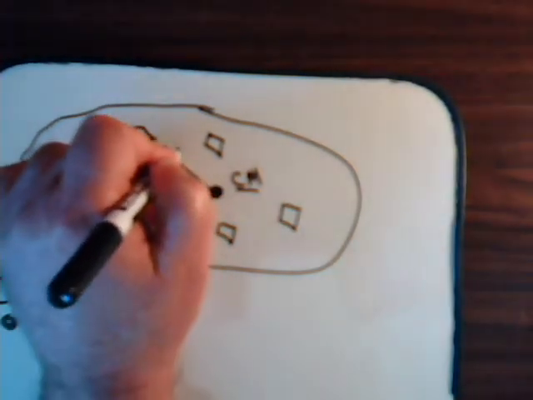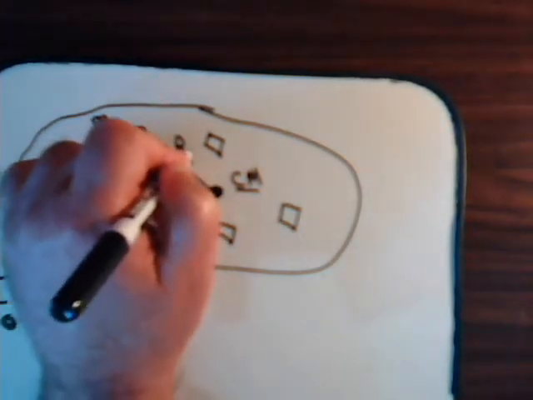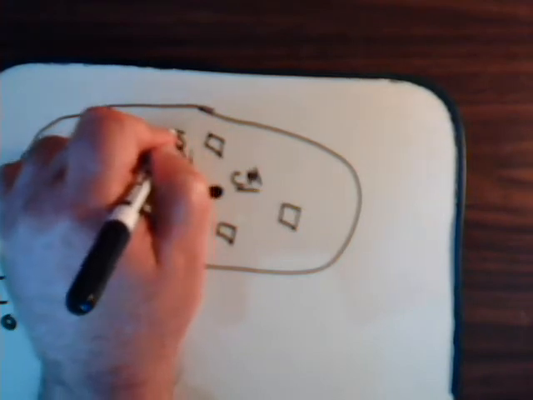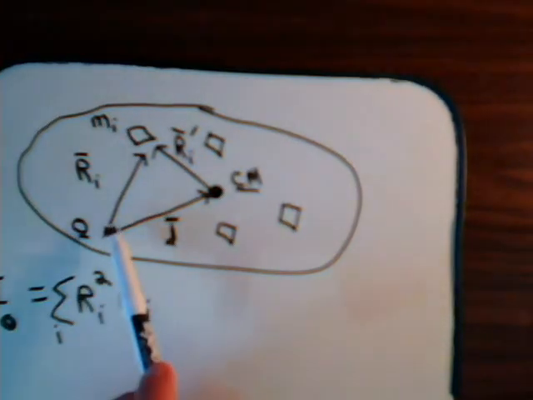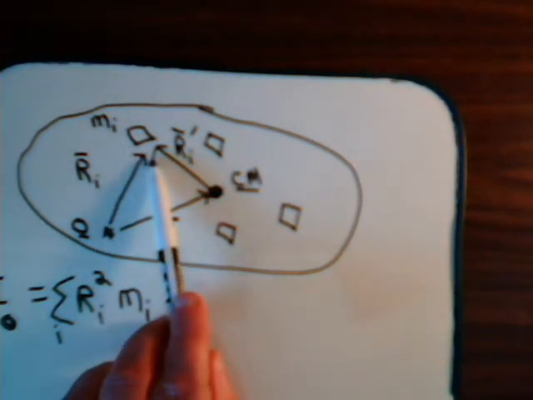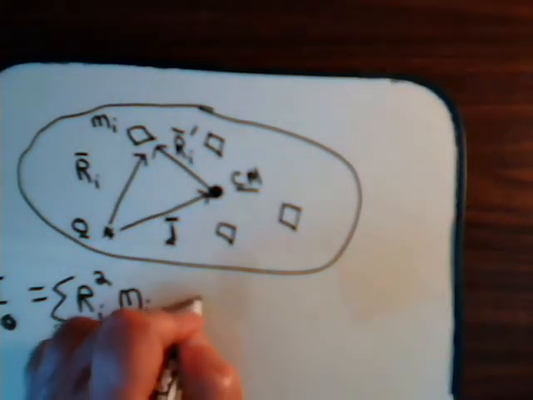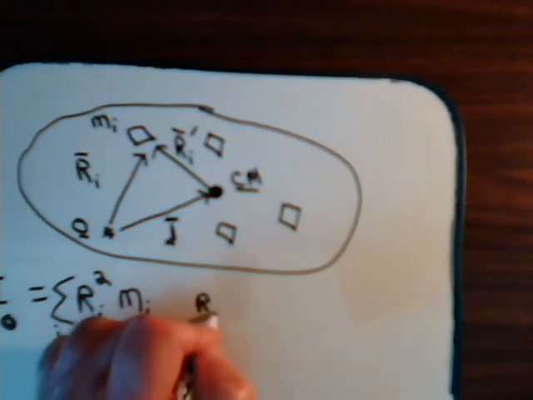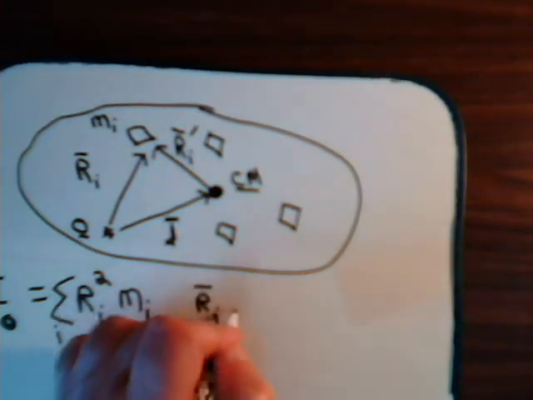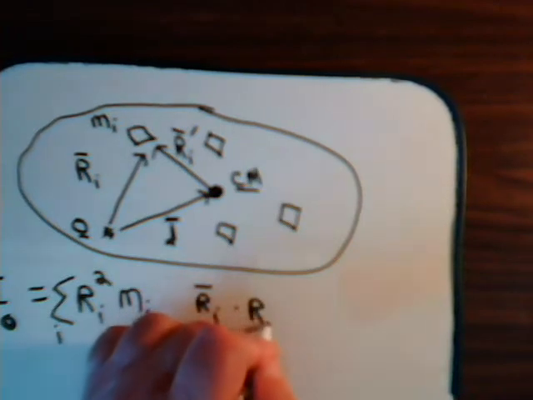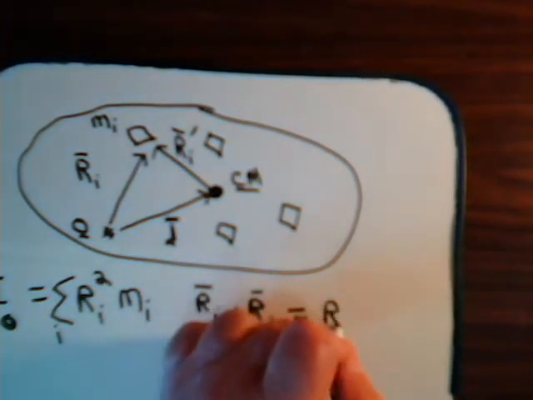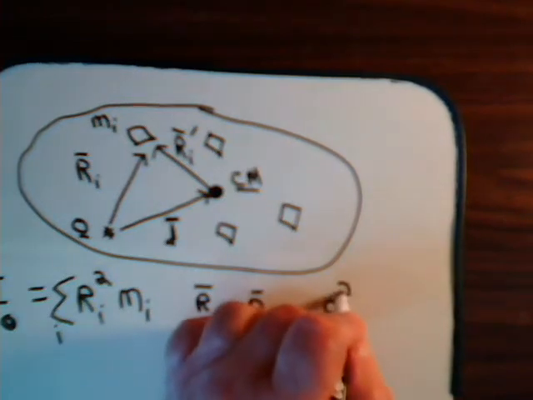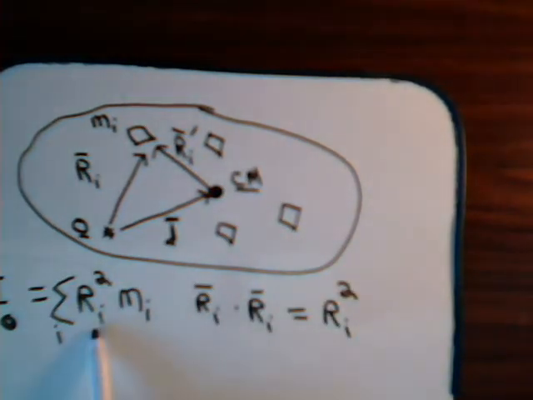We'll call that Ri prime. So notice that the dot product of this Ri is Ri squared, that term here.